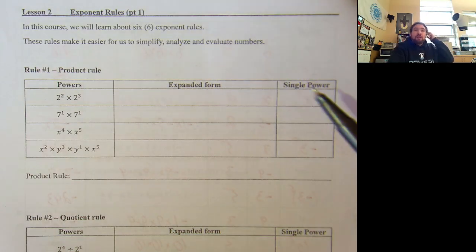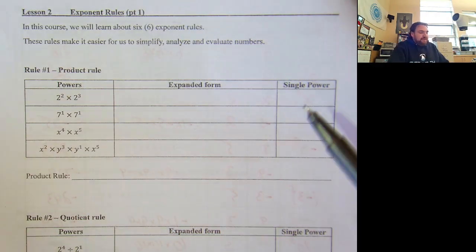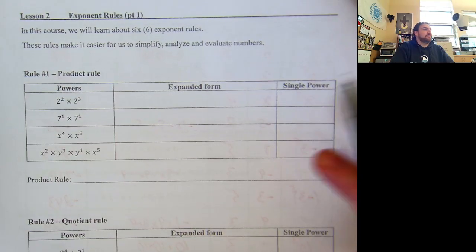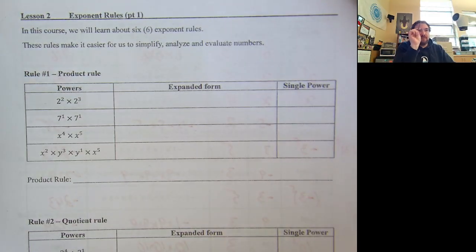The first rule that will make our lives a little bit easier when dealing with exponents is called the product rule. What is a product? What's a product? The answer you get when you do what mathematical operation?